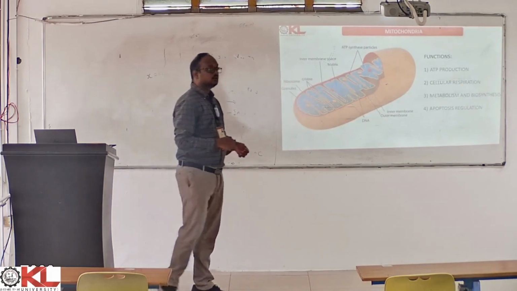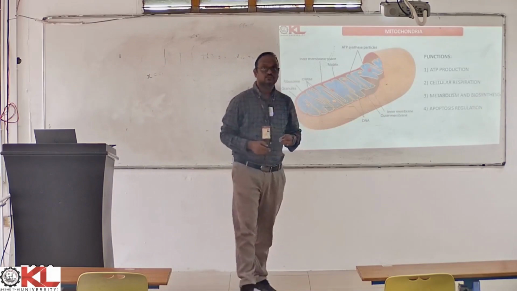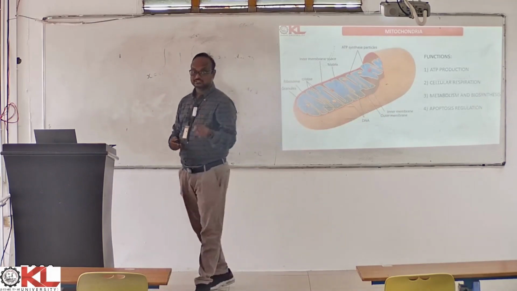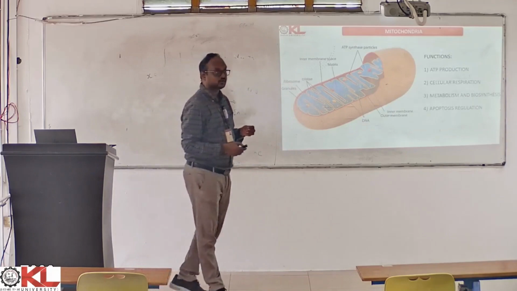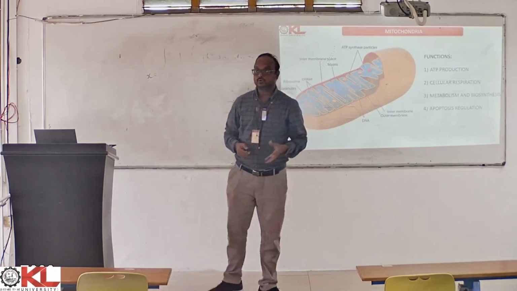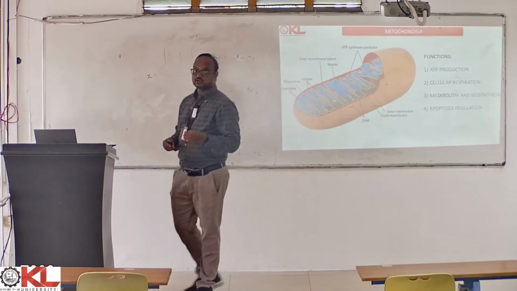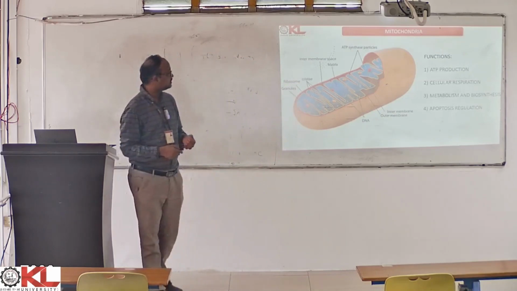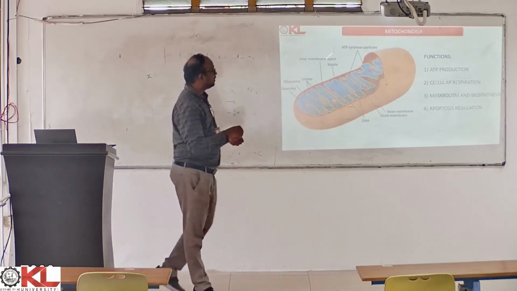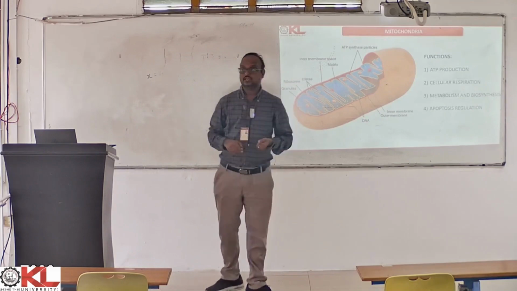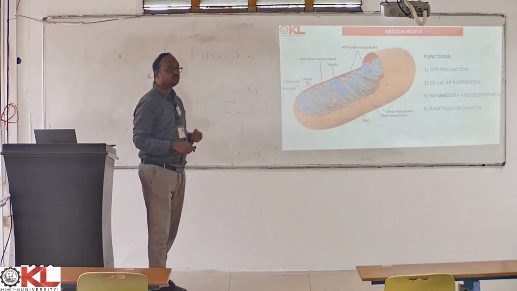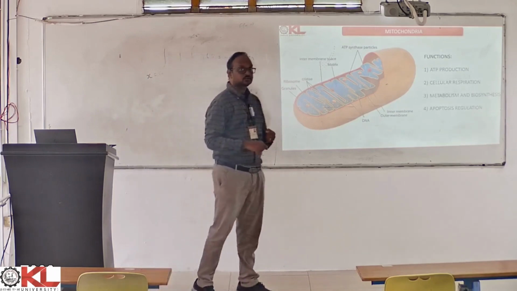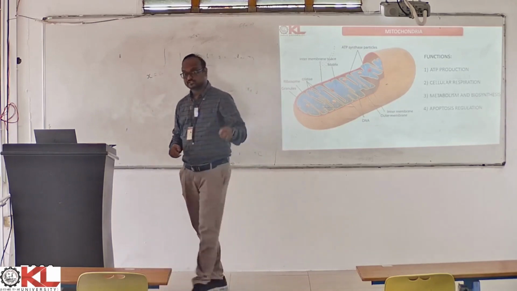There are several thousands of mitochondria inside a cell, and we all know the major function of mitochondria is to produce ATP, adenosine triphosphate. That's why mitochondria is also called the powerhouse of the cell. Why is it called the powerhouse of the cell?